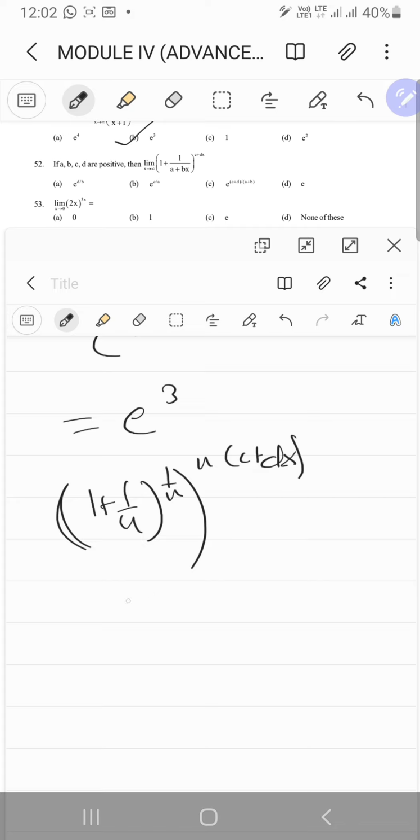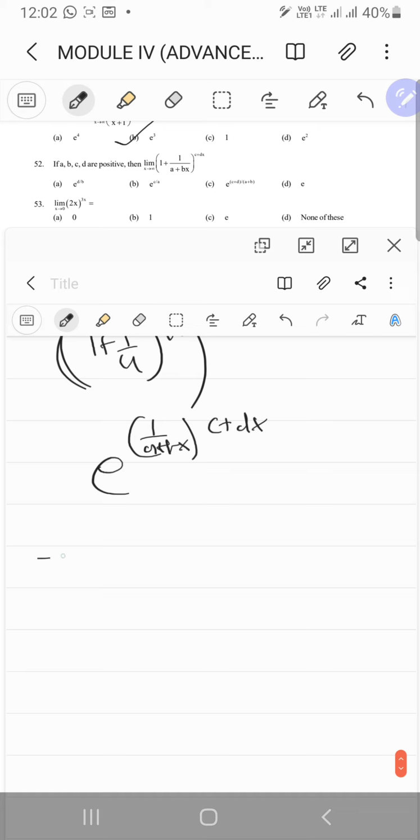So this thing just approaches e, so e to the power of, what's u? u is 1 upon a plus bx. As x tends to infinity, this 1 upon a plus bx is tending to 0, so we can do this. And then c plus dx. So this is just e to the limit as x tends to infinity of u times c plus dx.